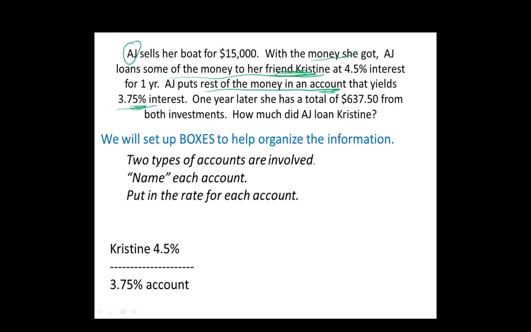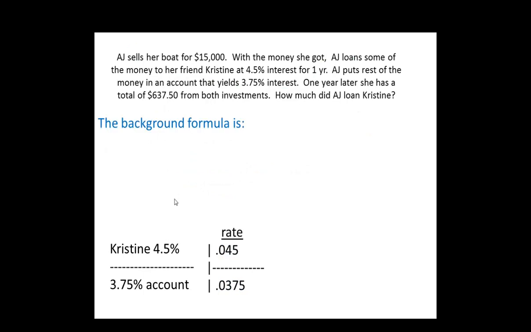Now we're going to start with the rate, because the rate is always pretty easy to find. And in this case, we're just changing the percent to the decimal. Now all along, we want to keep track of what's behind the scenes here. We have a formula which is I equals PRT. Let's take a moment to say what that is. The I is the interest earned.